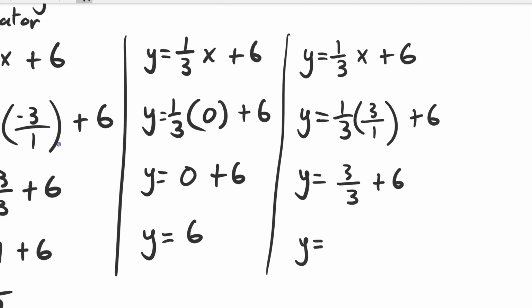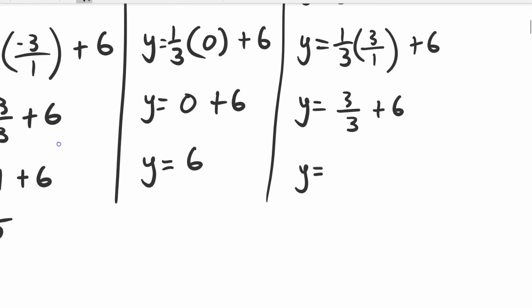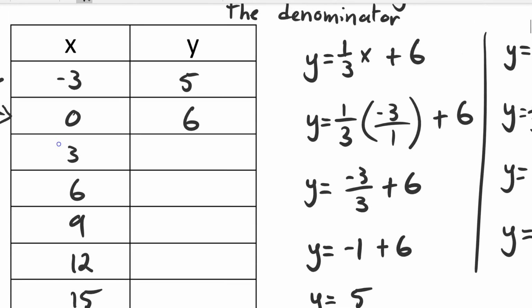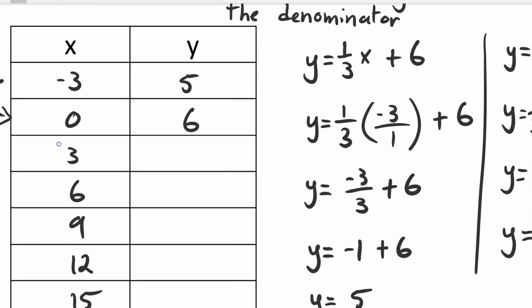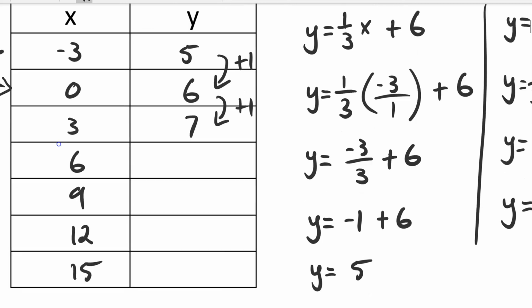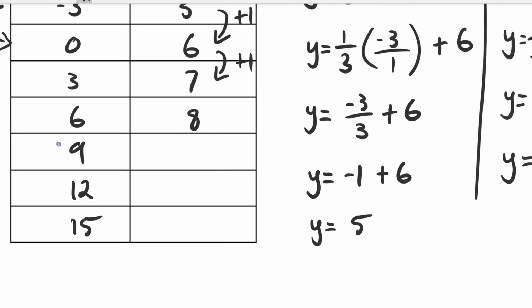Y equals, now 3 divided by 3 leaves you with a positive 1, plus 6. So y equals 1 plus 6 makes 7. So, moving back to our table of values here, when our x value was 3, our y value was 7. So, what's our common pattern here? What's our common trend? Well, every time it's increasing by plus 1. So, our next y values would be 8, 9, 10, and 11.